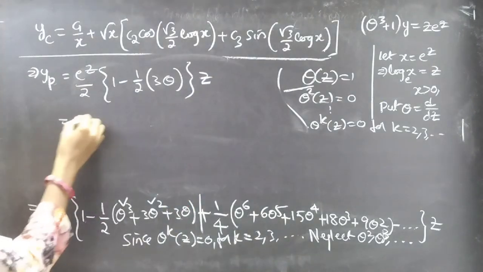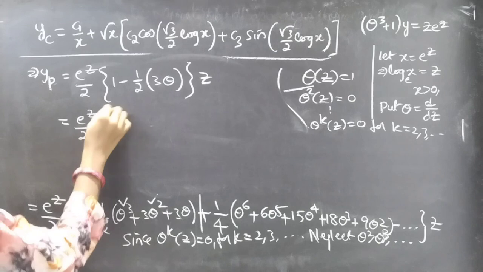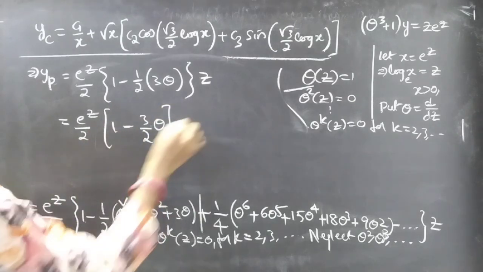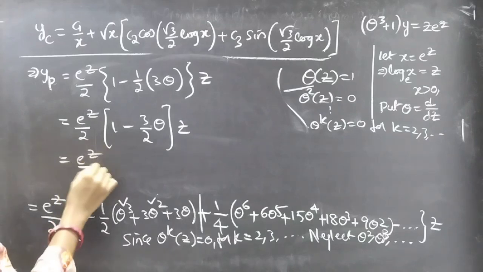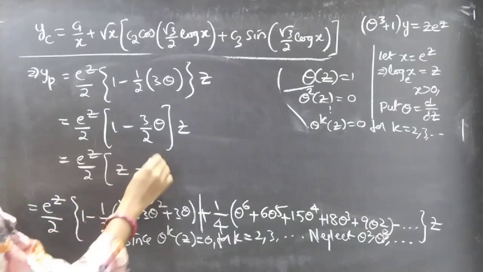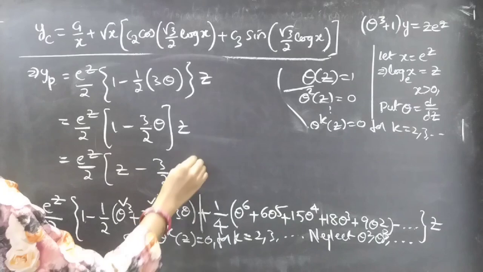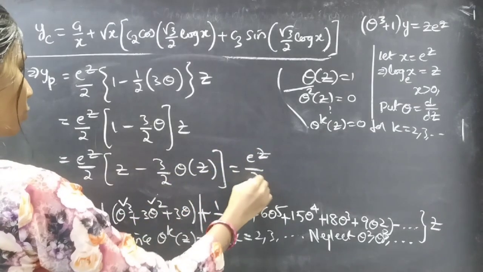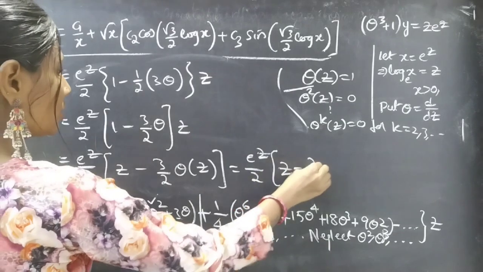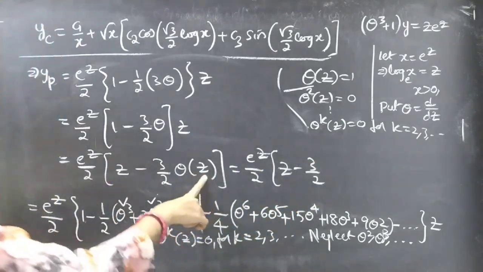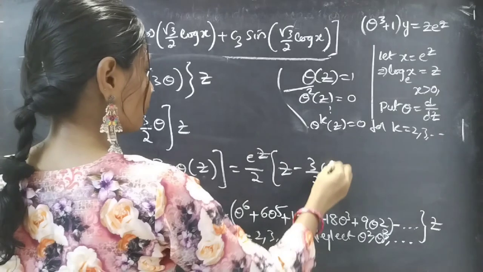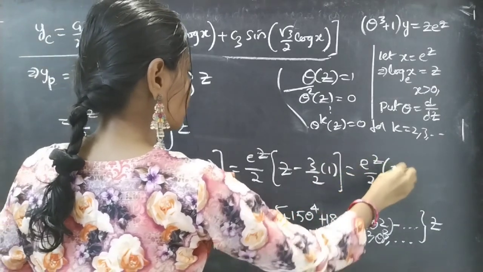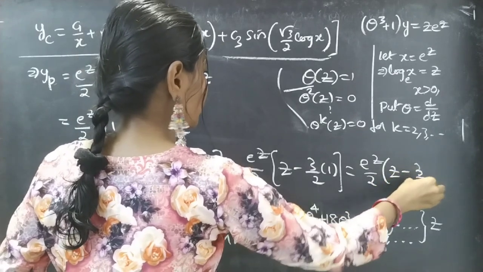This equals e power z by 2 into 1 minus 3 by 2 into theta into z, which is e power z by 2 into z minus 3 by 2 into theta of z, which equals e power z by 2 into z minus 3 by 2 into theta of z is 1, which is e power z by 2 into z minus 3 by 2.